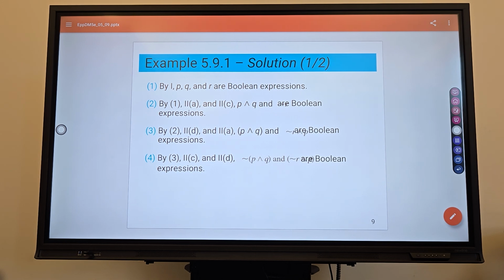By 1, 2A and 2C, P and Q, and not R are Boolean expressions.